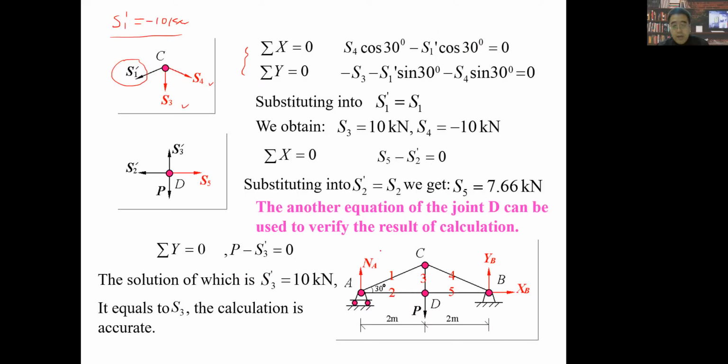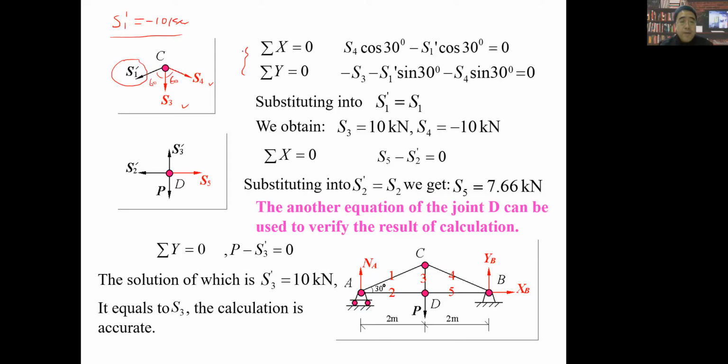This is the original figure. If this is 30, then here should be 60. Right? Here also should be 60. Why? Because this 30, this is also 30. This whole structure is symmetrical along this medium vertical line, right?